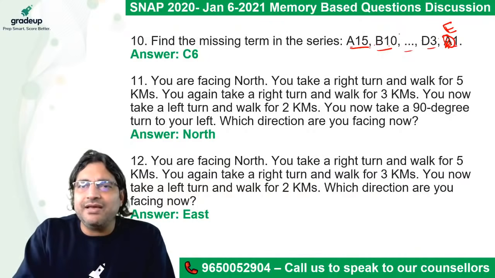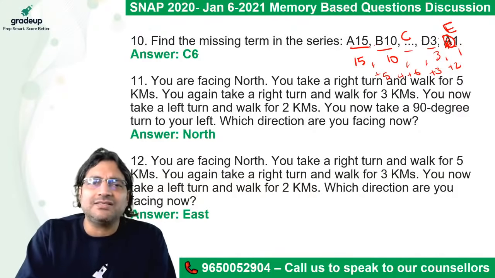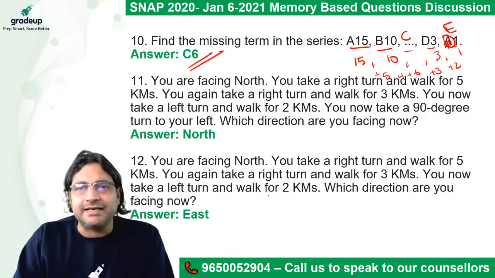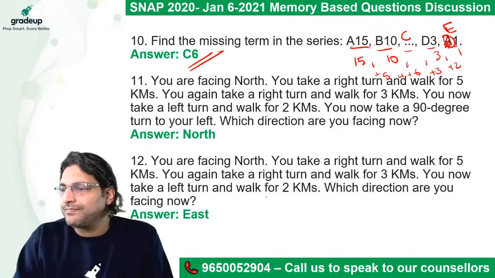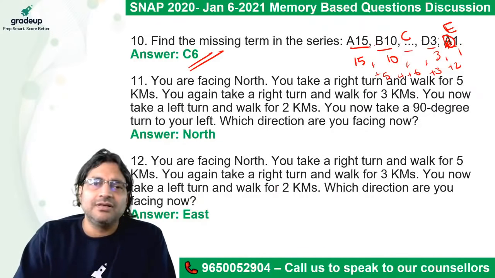So A, B, of course, here you will have C. And look at the numbers: 15, 10, right? 3, 1. 1 plus 2, 3. 3 plus 3, 6. 6 plus 4, 10. 10 plus 5, 15. So, of course, your answer was C6. All right.